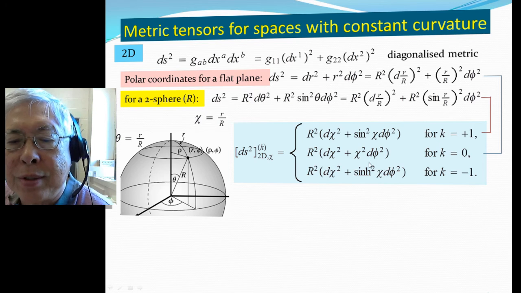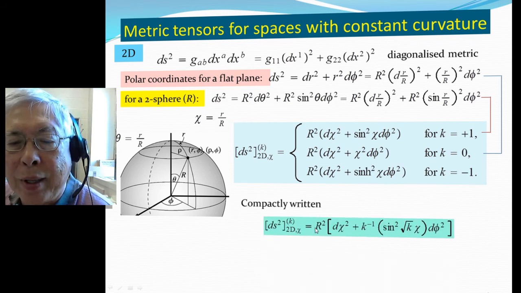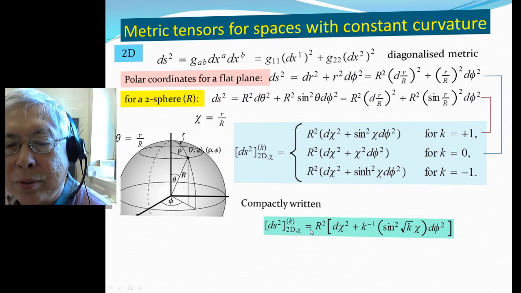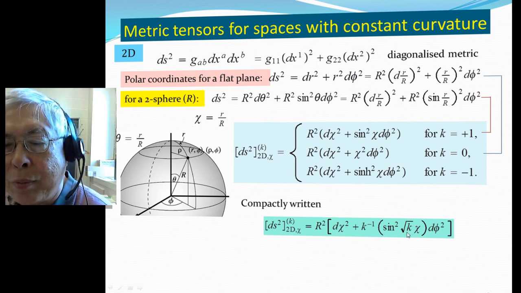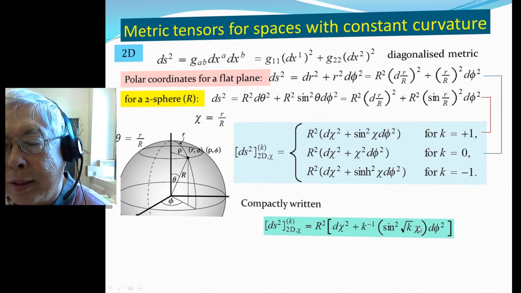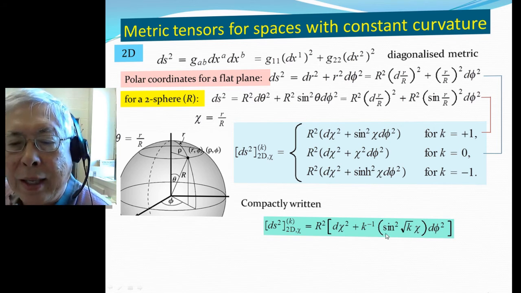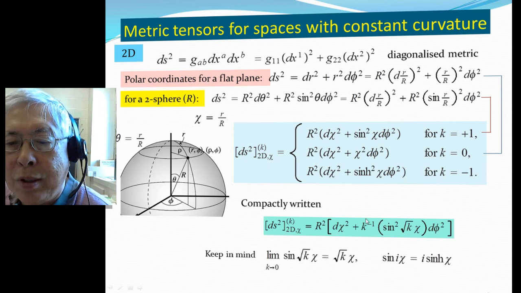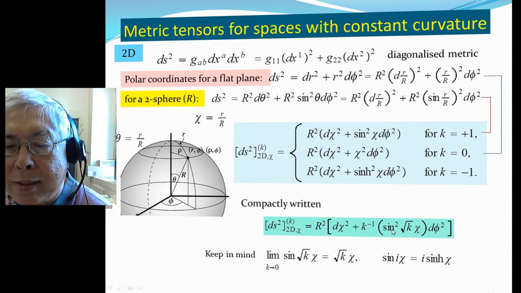Now these three expressions can be collected in a compact way like this: ds squared equals r squared times d chi squared plus 1 over k sine squared of the argument square root k chi. You can easily check this. For example, for k equal to 0, when k gets small, this sine is just its argument, which is square root k chi. Then squared it is just k, so k cancels, and it recovers the expression for the flat plane.